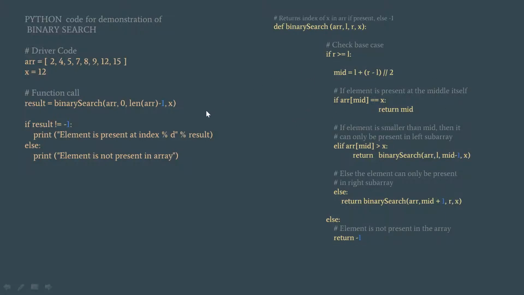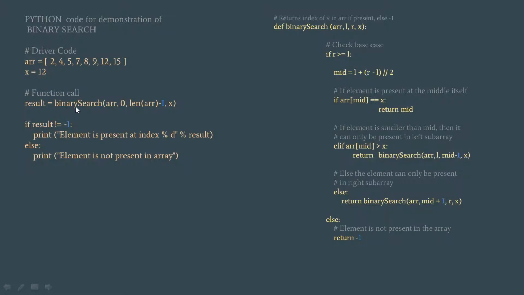Now I am moving to my IDE so that I can give you a better understanding about it and show you the output also. But before going to that IDE, I would like to show something here. This is the array variable where I store the array, the same values as in the earlier example. The value we want to find is 12.